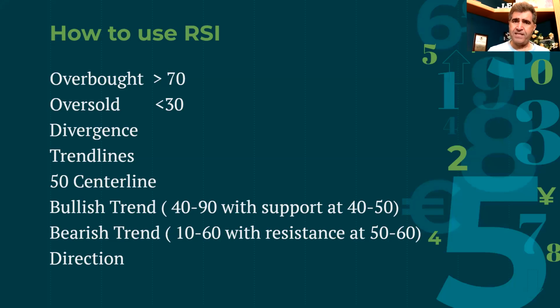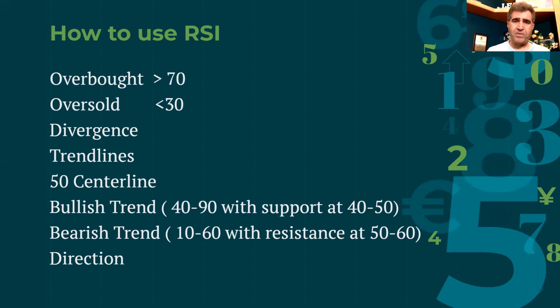Then we have that 50 center line. Again, RSI runs from 0 to 100, with 50 right in the middle. If it goes back up through it, that could be telling us the trend is changing.